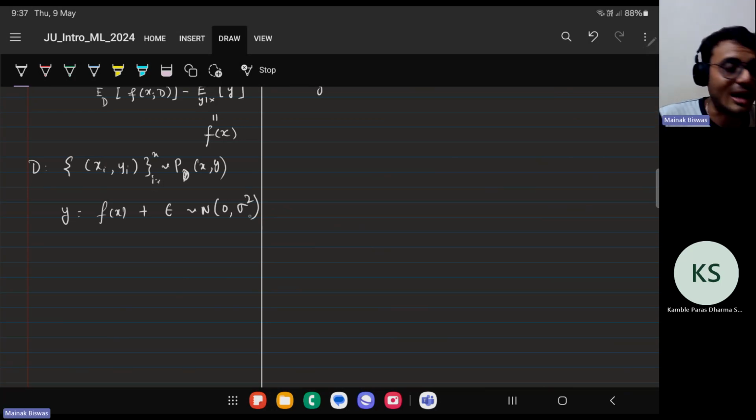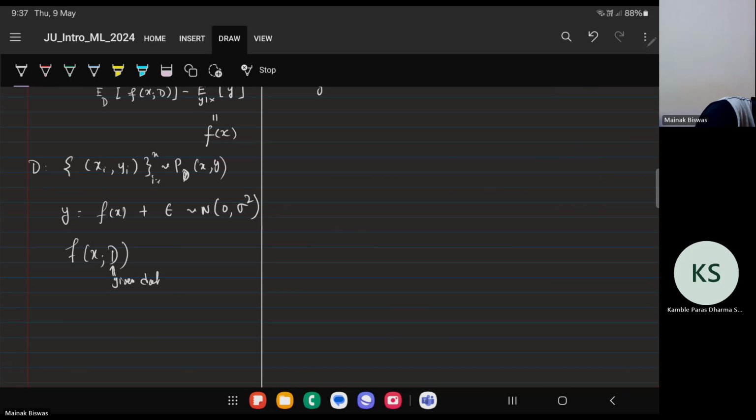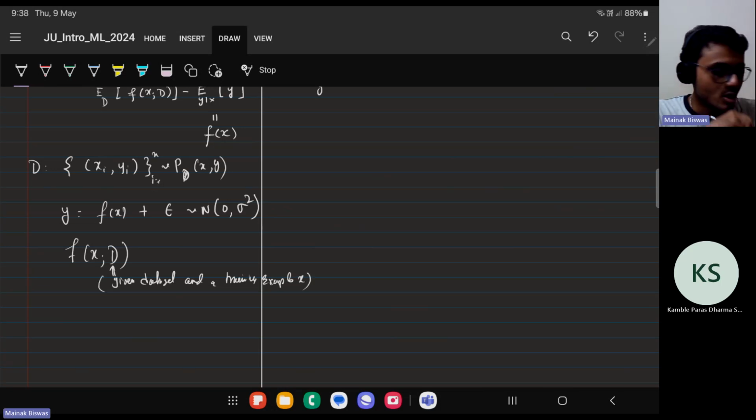What is your idea? Your idea is to train a model f hat(x) given the data set D, and a training example x, right? So what can you say about this? Say if you have a particular data set D, do you agree this is my loss?